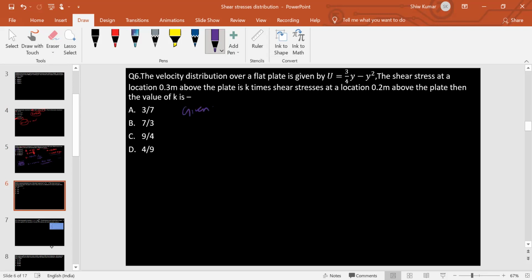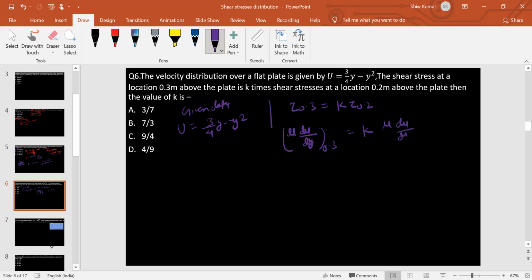The given data is u equal to 3 by 4 into y minus y square, and the next important data is that shear stress at 0.3 must be equal to k times that at 0.2. We know shear stress is mu into du by dy by Newton's law of viscosity, so at 0.3 it must be equal to k into mu into du by dy at 0.2. I need to find the value of k.